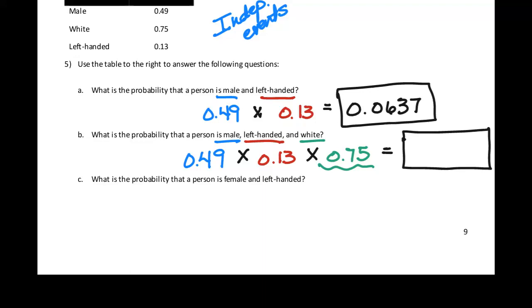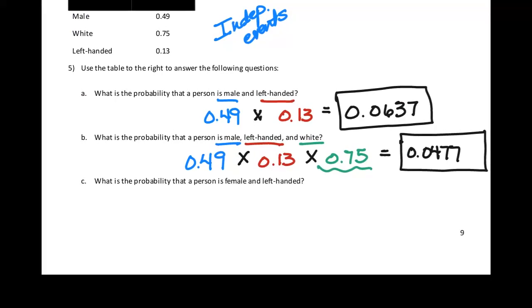But this is smaller, so my answer should be smaller. Who can multiply those all together for me? Give me an answer. Alexis, you with me? Okay. 0.0477, and that definitely is smaller. Good. Any questions about those two?